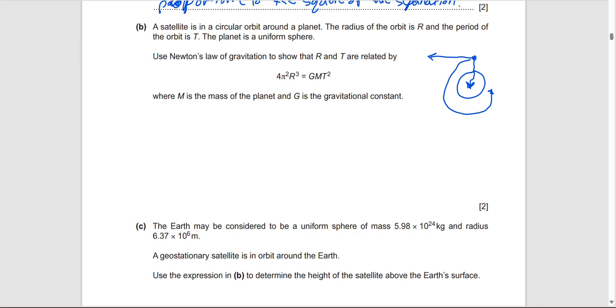So from that illustration, we know that the centripetal force is provided by the gravitational force. So that's where we start our equation.